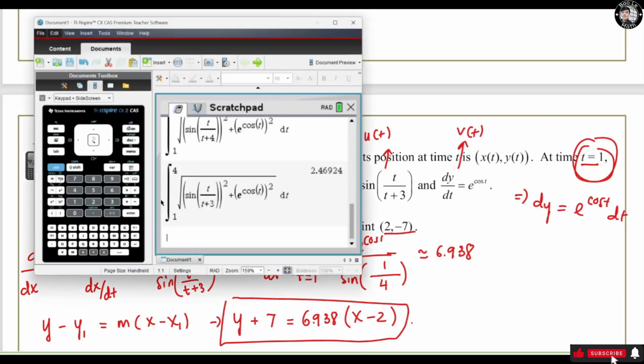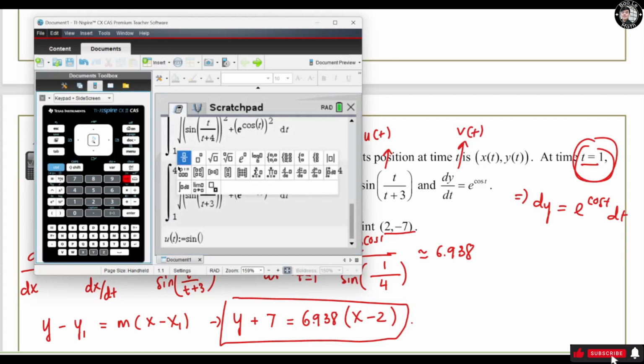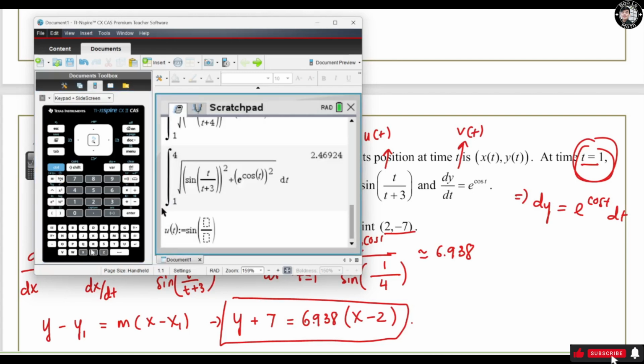So I'm going to open up the calculator, right? So I have u of t is going to be right here. And then press Ctrl and the button right here. And then we just input the function, right? So we have sine of, put a fraction, t over t plus 3. And then press enter.